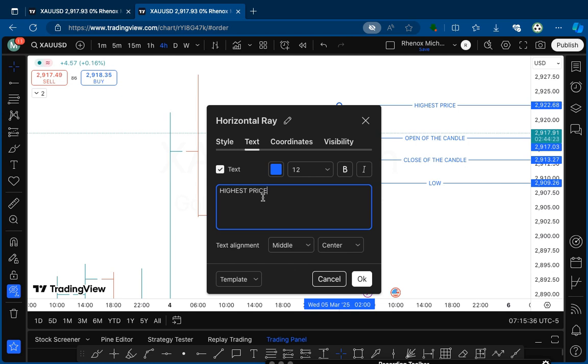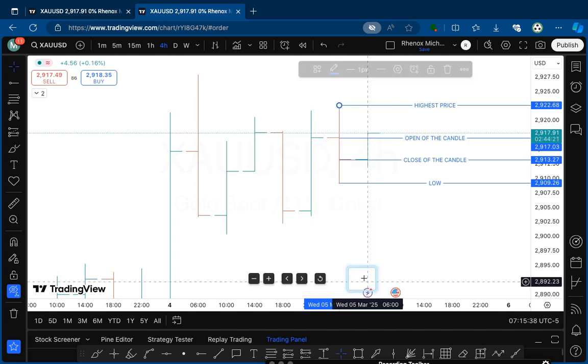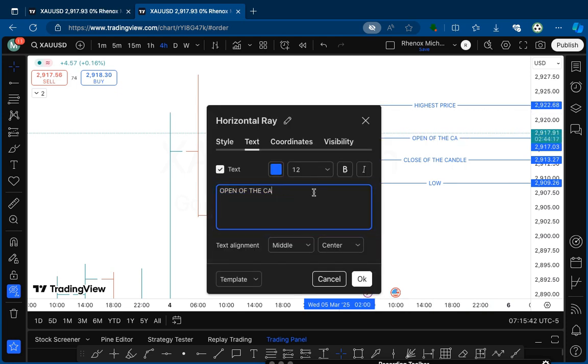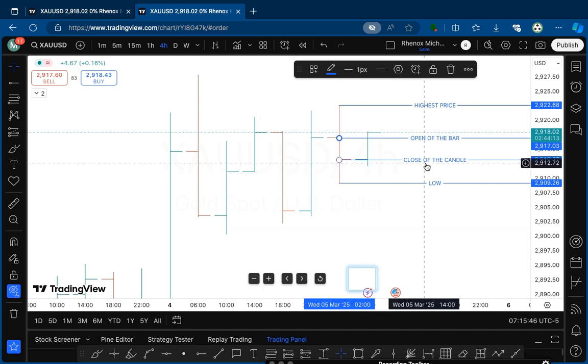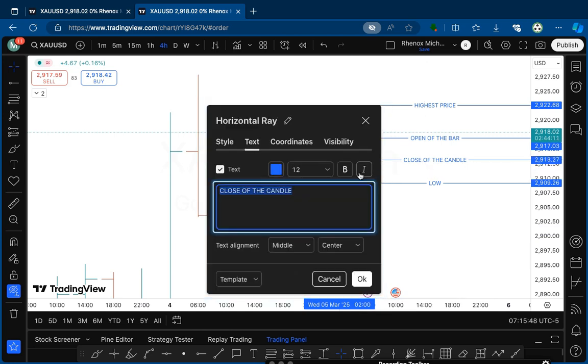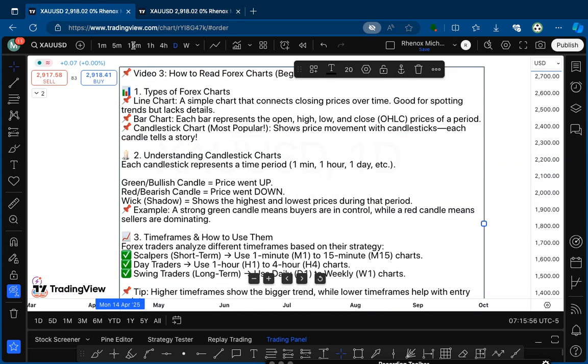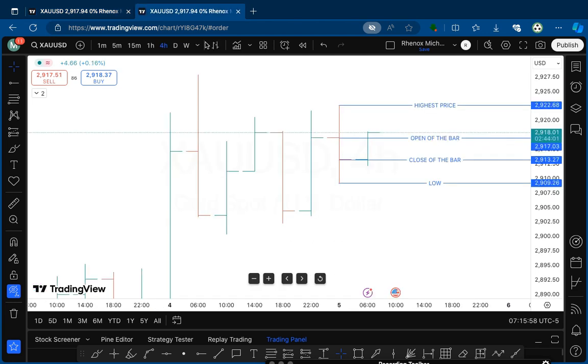Sorry, not the candle, it's not a candle, it's a bar. The open of the bar, then the close of the bar. This is also used in trading, but it's barely used because it also lacks details compared to the candlestick chart.